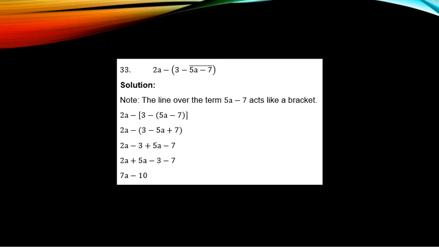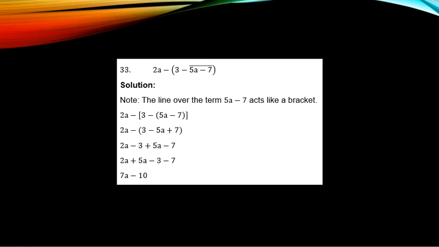Example 33. You have 2a minus bracket open 3 minus bar 5a minus 7 bracket close. Note the line over the term 5a minus 7 acts like a bracket.